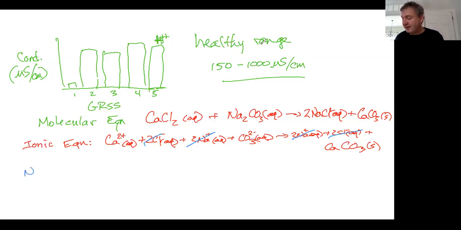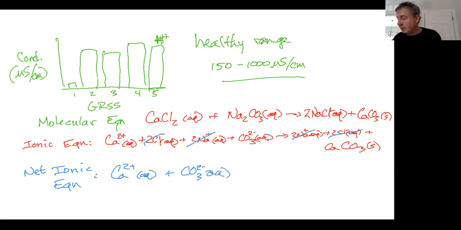So we can have a net ionic equation, meaning what actually happened when I poured these two ionic materials together. What actually happened was the calcium particles came in contact with the carbonate particles. Whoops, sorry, that's an arrow, not a plus. And there's a net ionic equation.